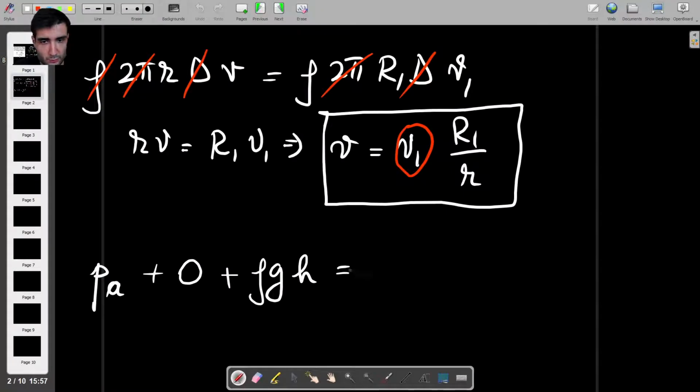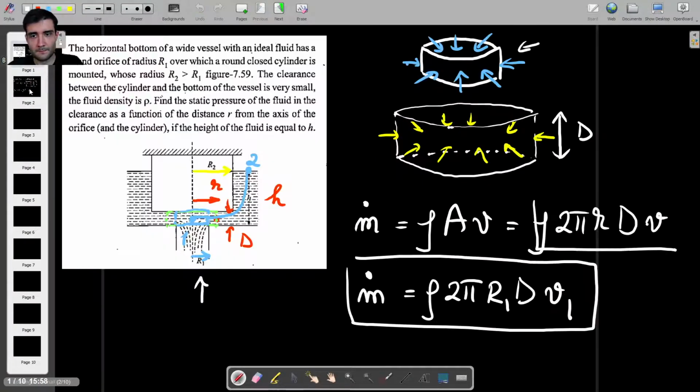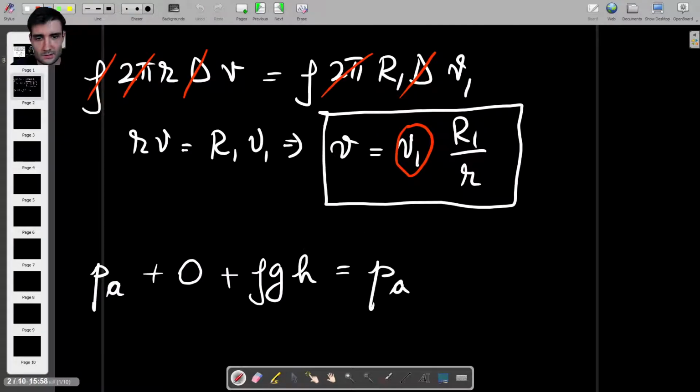Now, the static pressure at point 1 is also equal to PA, because at point 1, that's where the liquid is escaping the tank, so it's once again open to the atmosphere. So I've got PA plus half rho v, and then we have this velocity here that we're trying to find out, which is rho v1 squared.